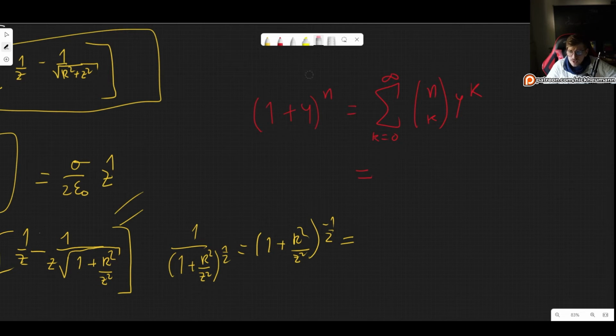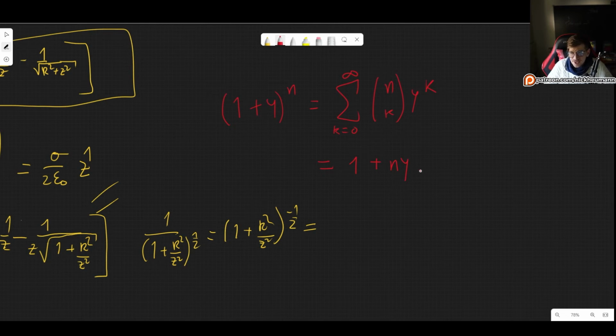And then we have y to the 0th power, which is 1. And then we have the next part, which is going to be n over 1, right? And then we have y to the first power. Now, in this case, we get n factorial divided by n minus 1 factorial. Now, that division, of course, gives us simply n. So this is simply n times y.